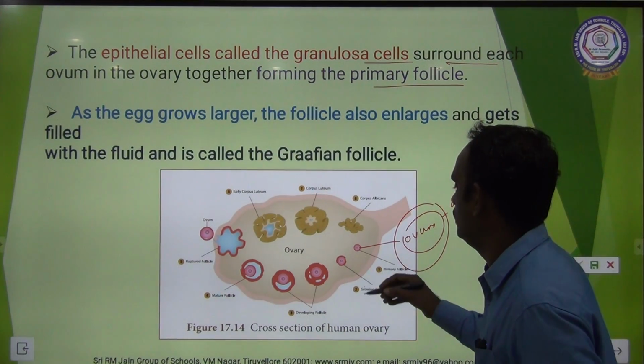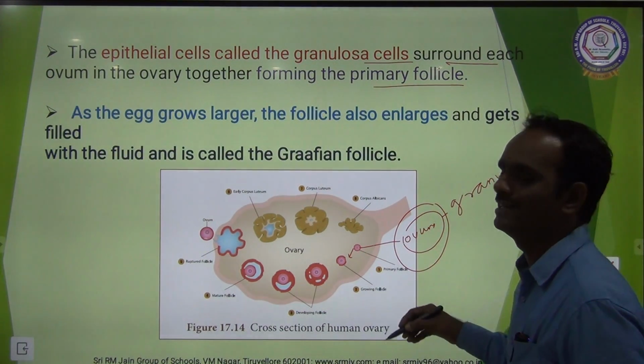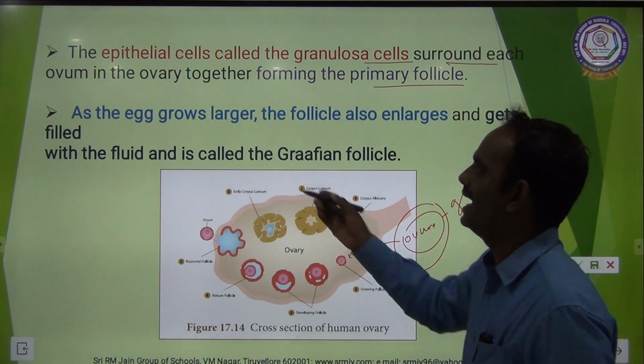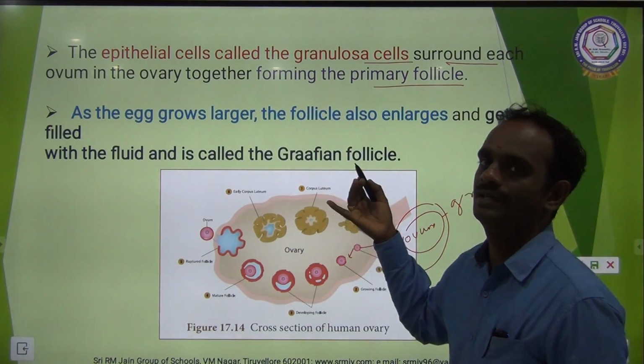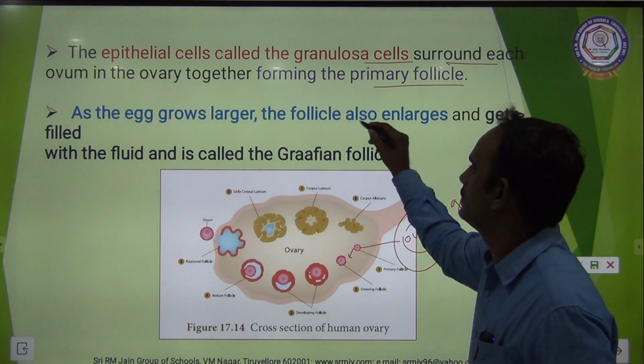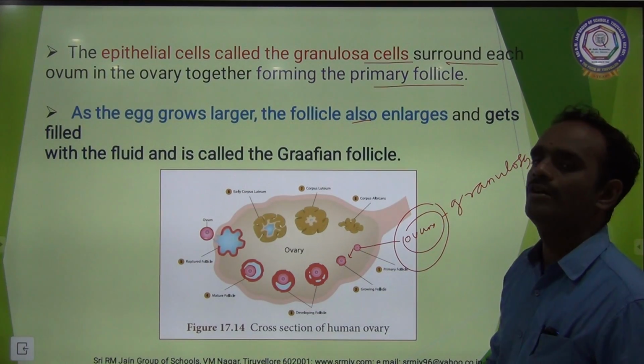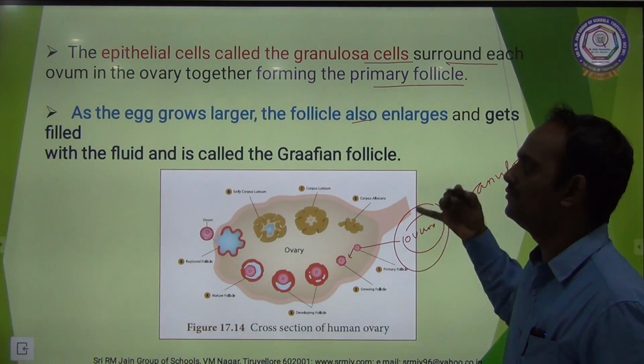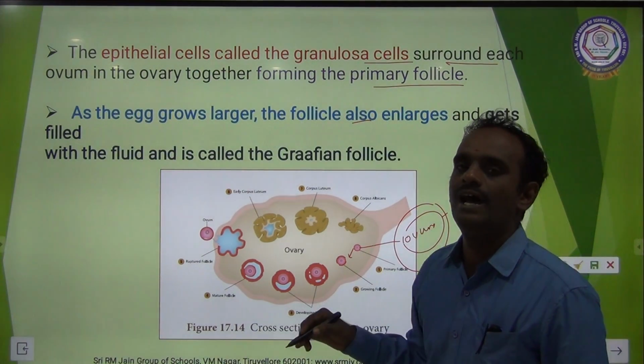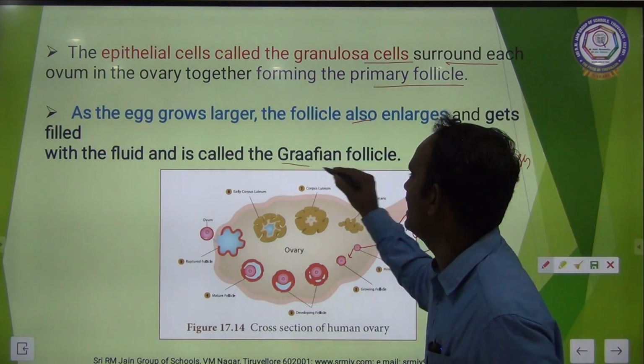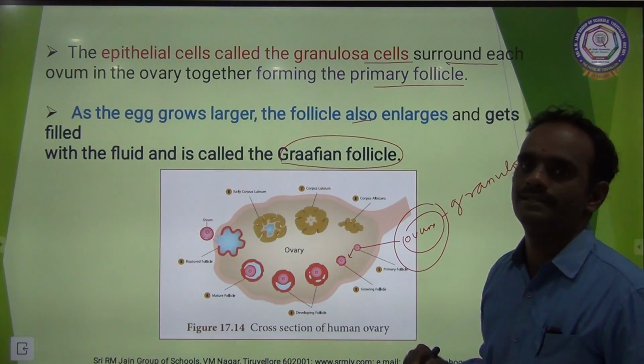This primary follicle on growing is called a growing follicle. As the egg grows larger, the follicle also enlarges in size and it is filled with fluid. After that, it is named the Graafian follicle.